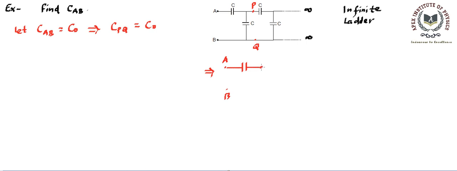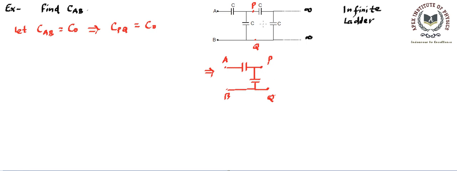Then there will be a point P, and before that P point there was another capacitor connected, and there is a point Q. So this is the network, or let me redo it a bit better. That's the point Q.